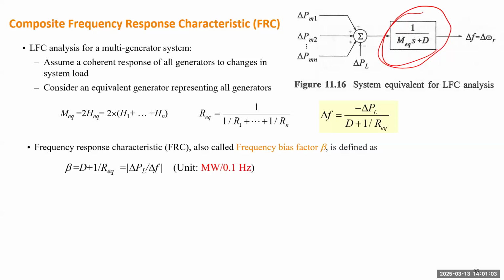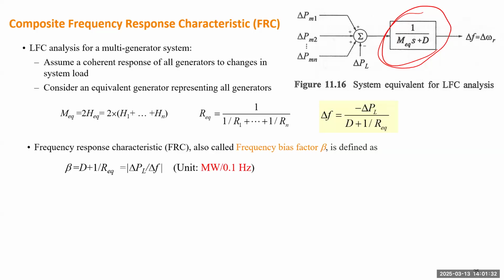So it's not megawatt per hertz because 1 hertz deviation is huge, right? 0.1 hertz is already very large for most normal conditions. So this factor tells you for a system how much megawatt power can cause 0.1 hertz change. So if beta equals 1, which means 1 megawatt will give you 0.1 hertz frequency deviation. Okay, that's a very sensitive system.